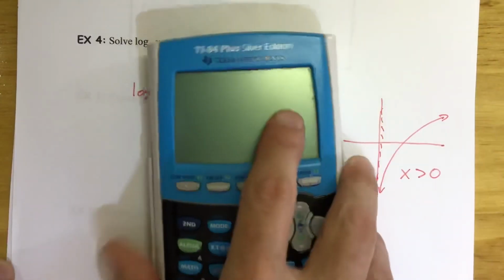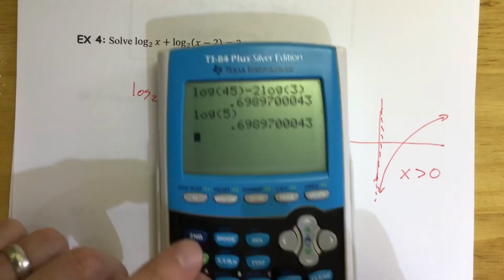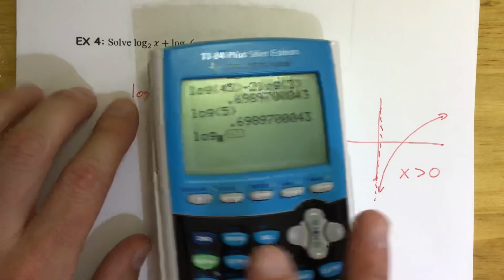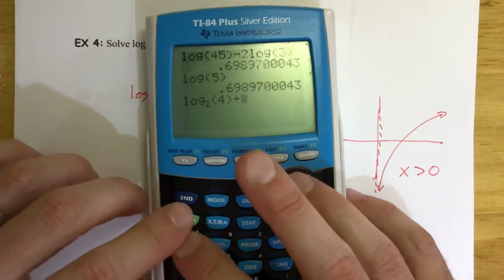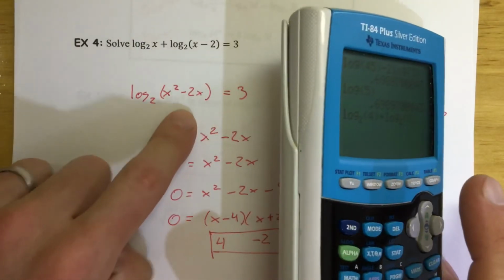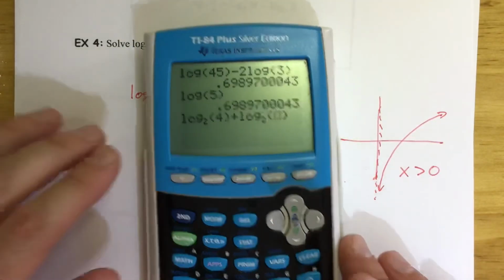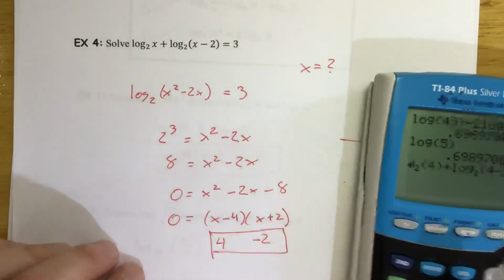Let me see if I can type that in. I'll turn it on first. With base 2, we believe the answer to be 4 plus 2, it's going to be a 4 minus 2. Could just put 2 in there, but all right.